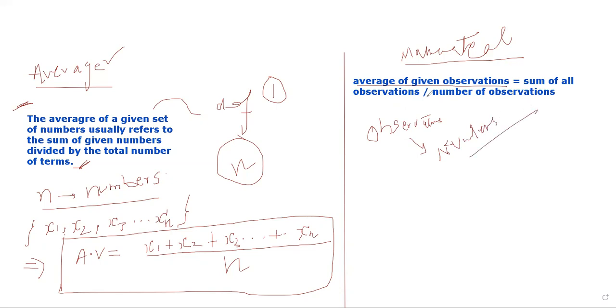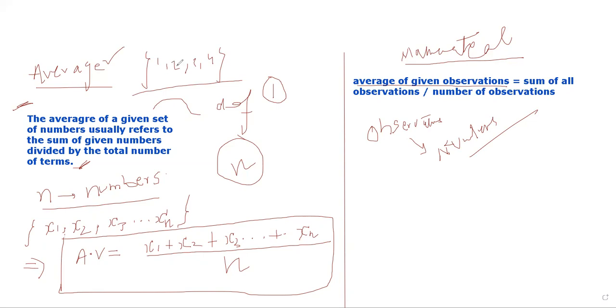Clear, friends? So the average of given numbers, again, if we have given numbers, for example 1, 2, 3, 4, and what I mean by the average by this definition, the average of the given numbers, because observations means numbers, the average of given numbers is equal to the sum of all observations, meaning the sum of all numbers.